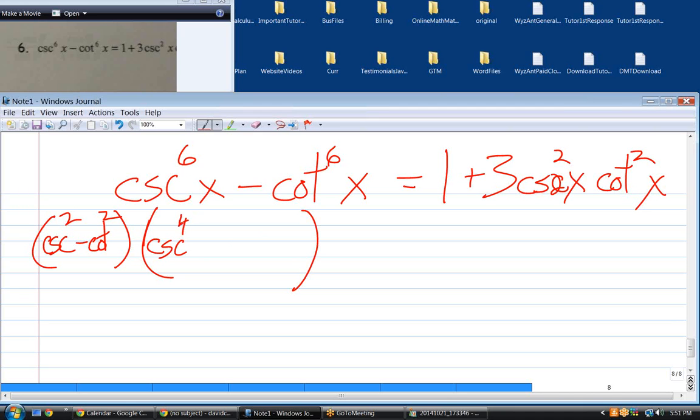So cosecant to the fourth, because they have to multiply to give you cosecant to the sixth, plus cosecant squared cotangent squared, and then plus cotangent to the fourth.